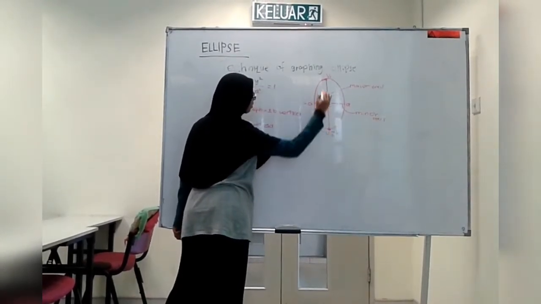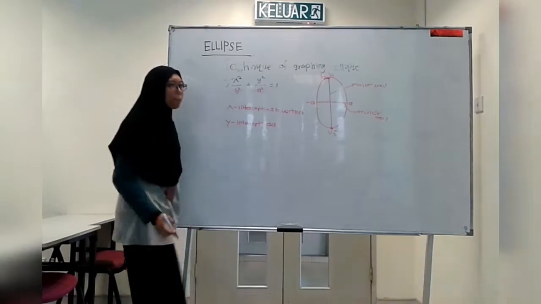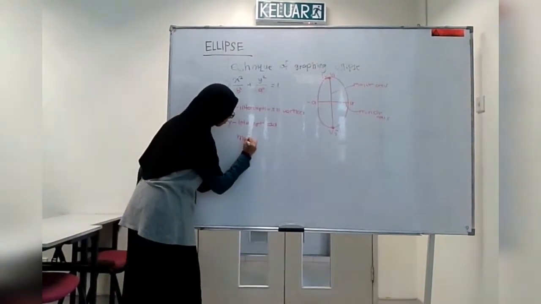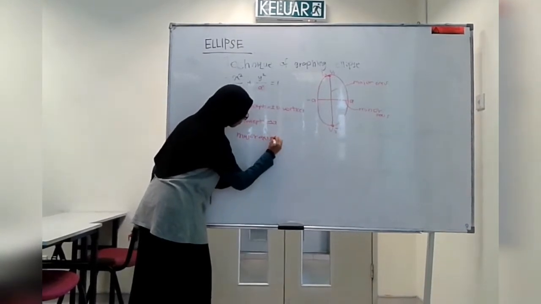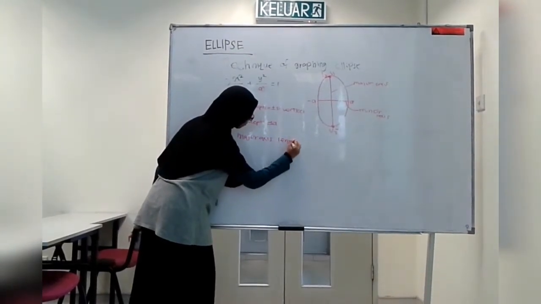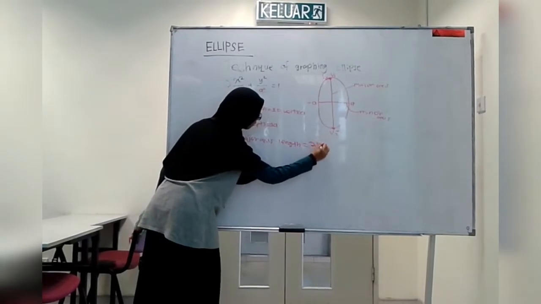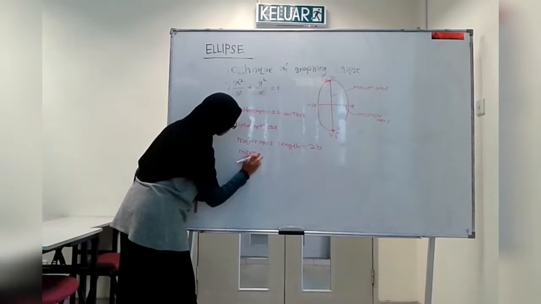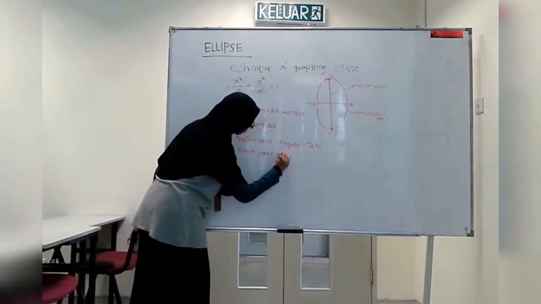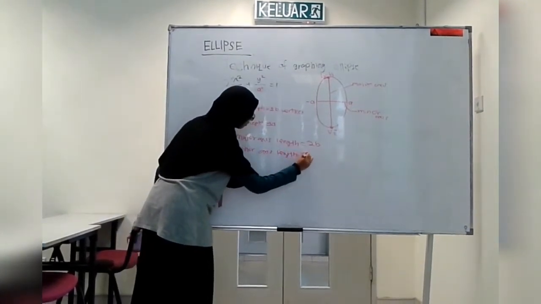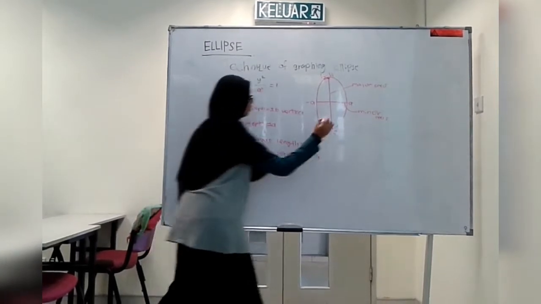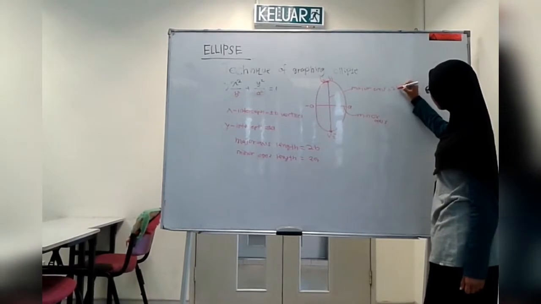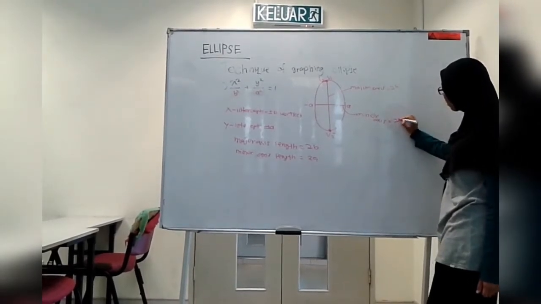Here negative b, b. Okay, the major axis length is 2a, and the minor axis length is 2b.